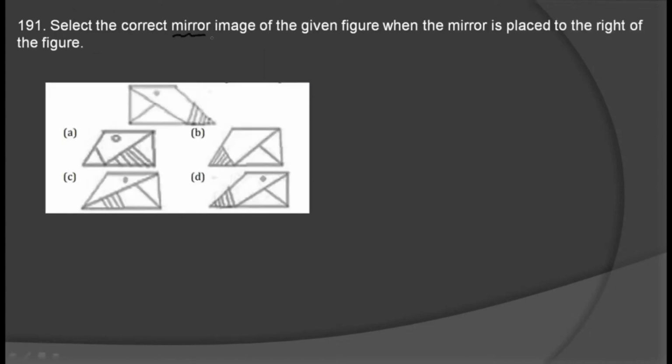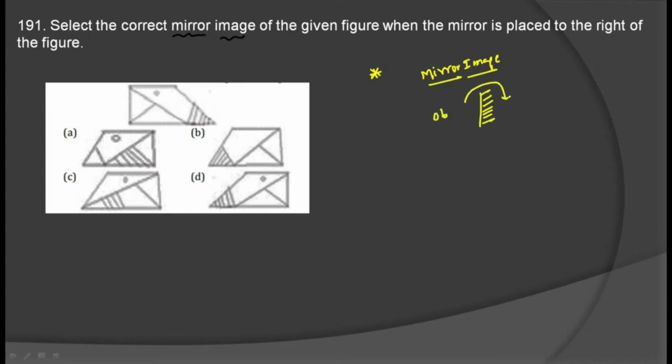Now, what is the correct mirror image? Guys, I will give a few pieces of information regarding the mirror image concept, which you can expect. In a mirror image, any object is projected either to the right or left.